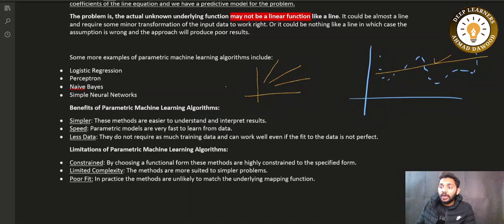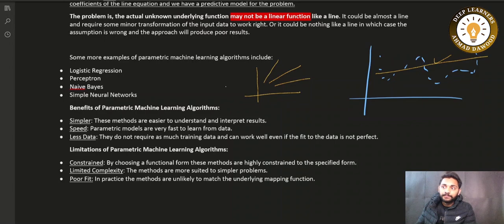Also, it is really tough to find out what sort of mathematical form exists between your inputs and outputs before you start to build the model. If you made a good assumption, of course you will get a good model if you have relevant data. But if you make a wrong assumption, you will go towards a poor fate.